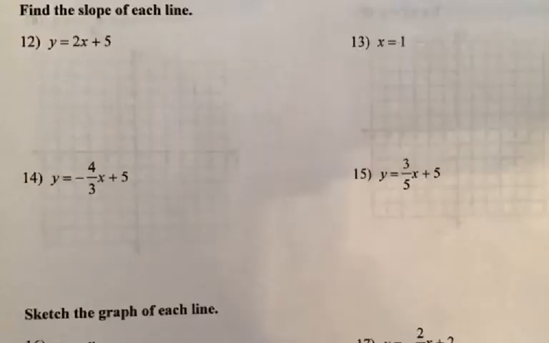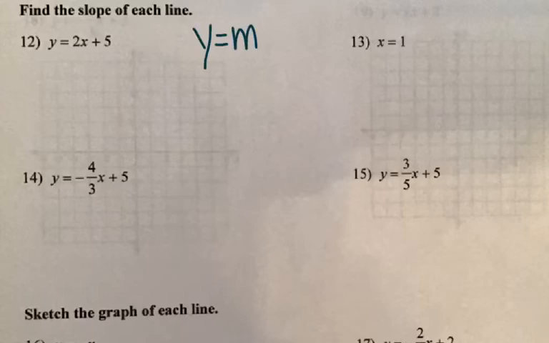Okay, so now we're going to look at these equations on our notes, and we're going to find the slope of each line. We are going to use y equals mx plus b to do that. As long as your equation is solved for y, then you can use that to just pull out your slope from that equation. So if we look over here, y equals 2x plus 5.